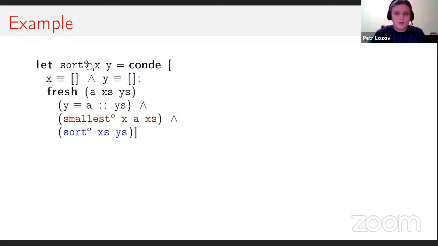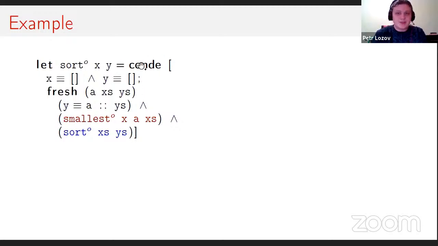The symbol o above the name of the relation is a standard convention for miniKanren. This relation has two arguments, X and Y. The first argument is an arbitrary list, and the second one is the sorted version of the list.